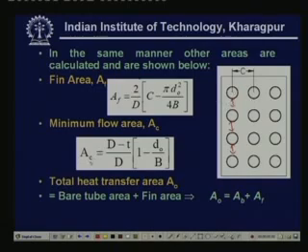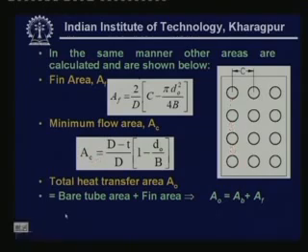The expression for that is A subscript C equal to (capital D minus t) by D into (1 minus d_o by B). And the total heat transfer area A subscript O is the bare tube area plus the fin area, that is A_B plus A_F. So if you know all these parameters like C, capital D, small d_o, B, etc., you can calculate all these areas per meter square face area per row.